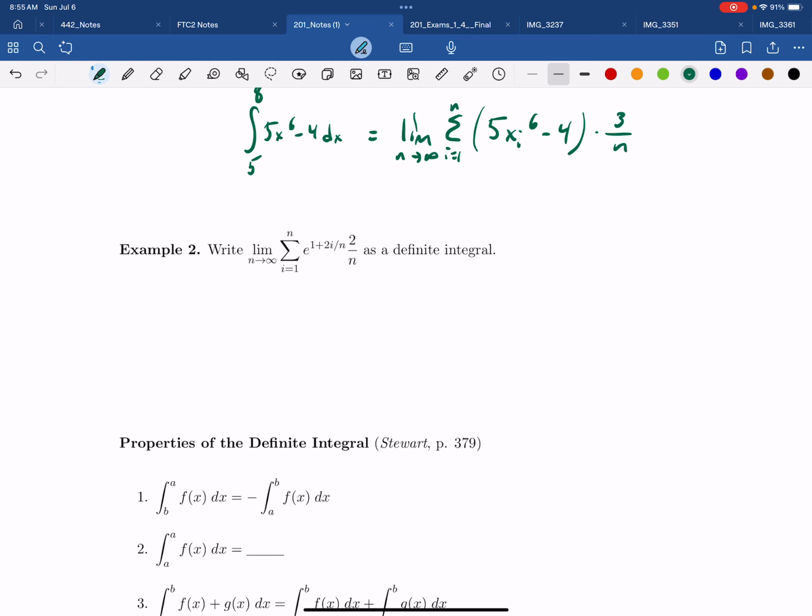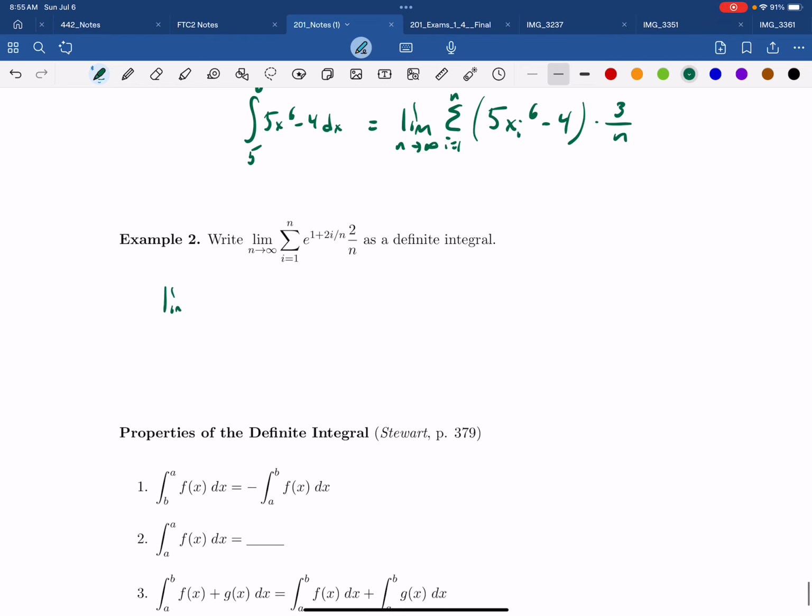There we go. Now you could go the other way too, right? You could have this mess of a limit, you know, in Riemann sums and have to figure out what that's the integral of. And so this is going to wind up being the integral from, well, it looks like we've got a equals 1 right here.